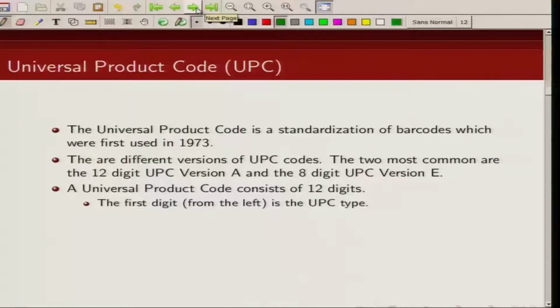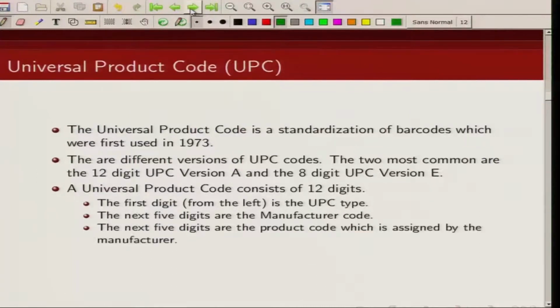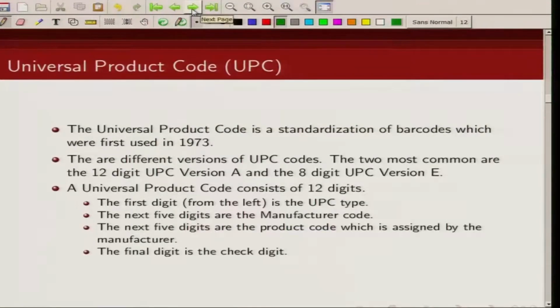The first digit from the left is the UPC type, the next 5 digits are the manufacturer code, the next 5 digits are the product code, which are assigned by the manufacturer, and the final digit is the check bit. That is what we are going to use for error detection.